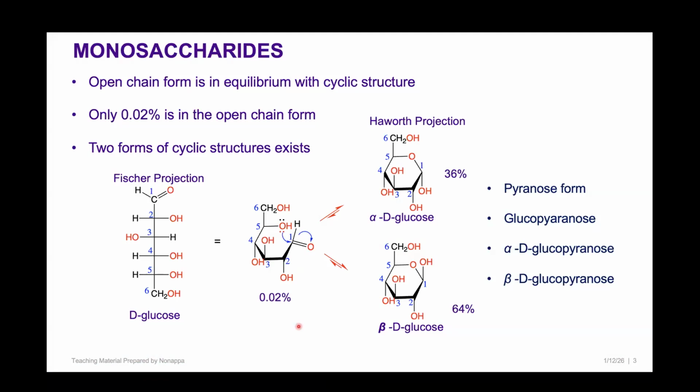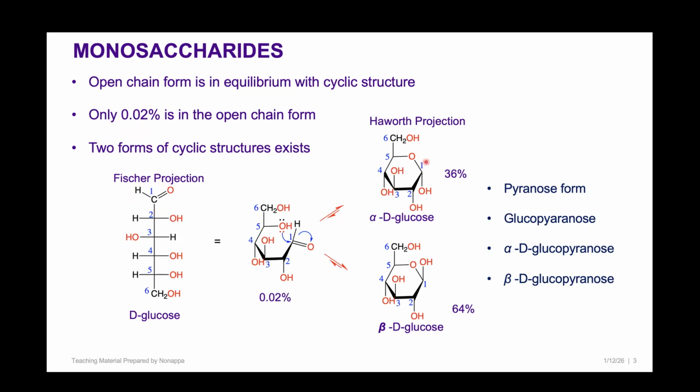We have studied how glucose exists in equilibrium between two different cyclic forms and its open chain in solution. If you take glucose, only 0.02% of this exists in open chain form.